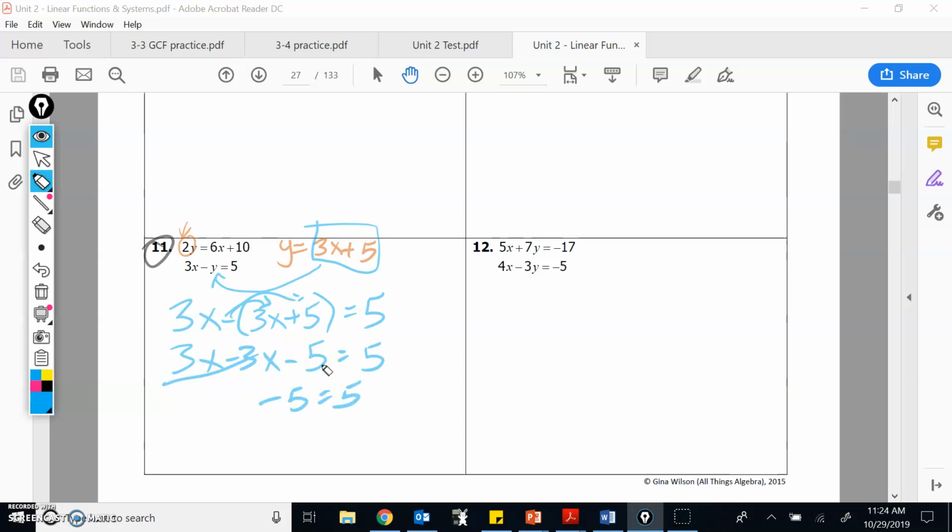Whenever your variables go away, you look at your final statement. Is this a true or false statement? Does -5 equal 5? That is false. So you say there's no solution. If it was true, you would have said infinite solutions. What no solution means is that your lines are parallel. They do not intersect. They have the same slope.